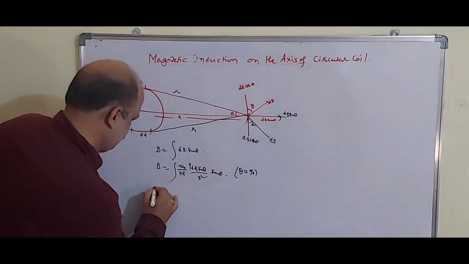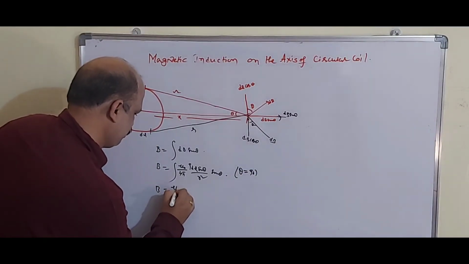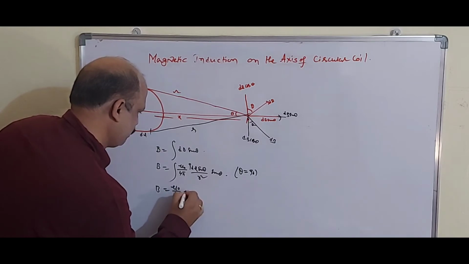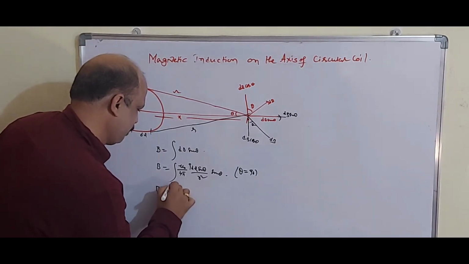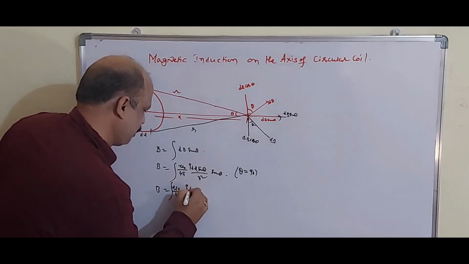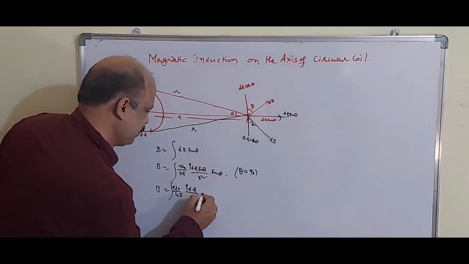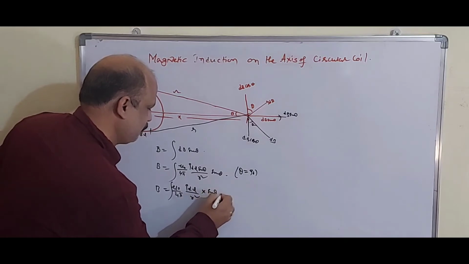So B is equal to the integration of mu naught by 4 pi I dl by r square into sin theta.